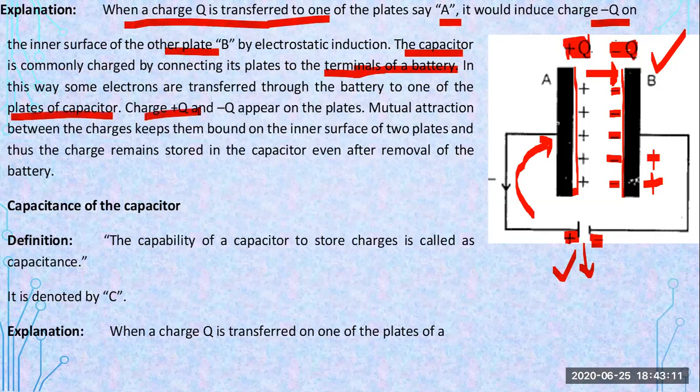And the charges Q and minus Q appear on the plates. The mutual attraction between the charges keeps them bound on the inner surface of the plates, and thus the charge remains stored in the capacitor even after removal of the battery.